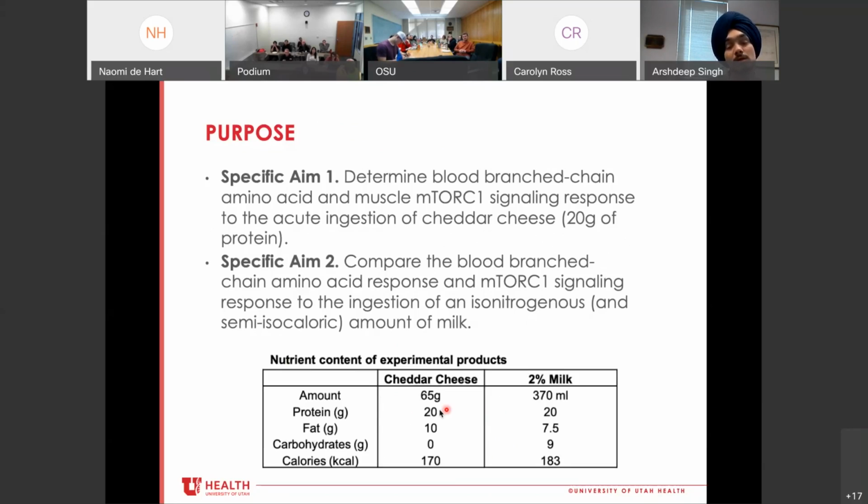We matched the products for protein. 20 grams of protein was chosen because this has been shown to maximally activate protein synthesis in humans. And milk was chosen as a comparator since it's also very high in leucine content, also about 10% of its total protein content is leucine, and its amino acid kinetics are very well characterized. And what I didn't show here, but I do want to mention, is both products had about 2 grams of leucine.